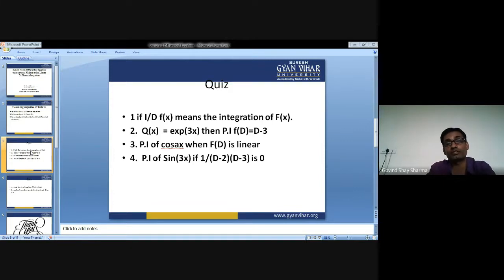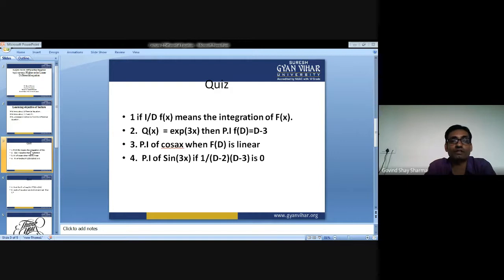So e to the power 3x multiplied by x, and the denominator becomes 1 when we differentiate. So the answer is x e to the power 3x.